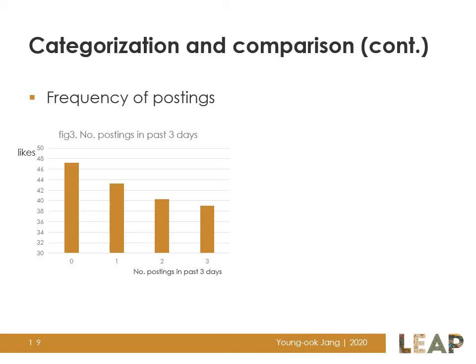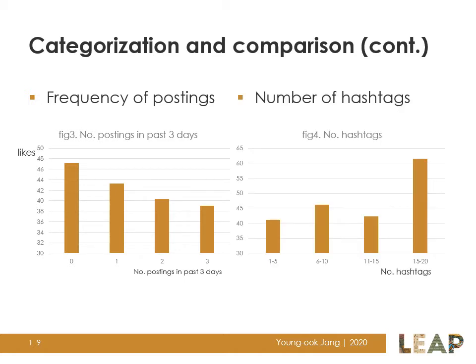And the second graph is the number of hashtags. There are ups and downs, but I think I tend to get more likes if I have more hashtags, regardless of the contents of the hashtags. So if I have more hashtags, then I get more likes. That's what is shown in the second graph.